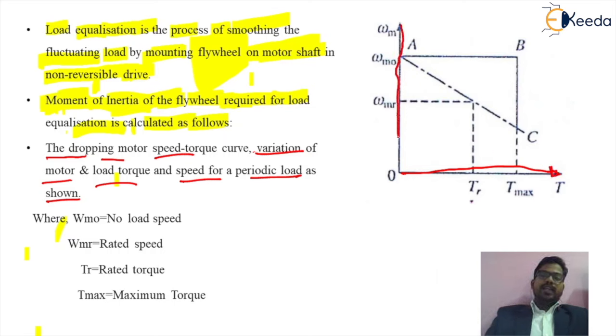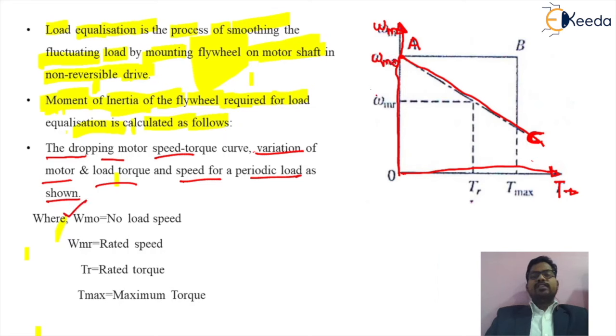In the torque speed characteristics, we first of all draw the value of the torque and the value of the speed. The torque speed characteristic is basically a dropping characteristic, which is shown by A and C. In that curve we have the value of omega m0, which is called the no load speed of your drive.